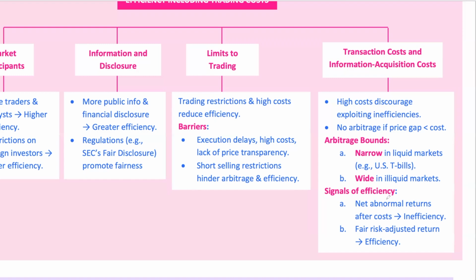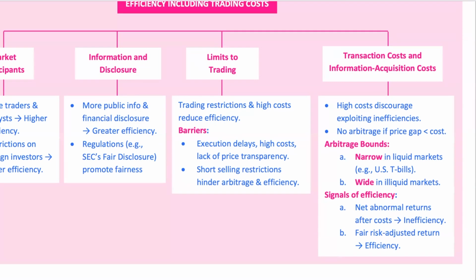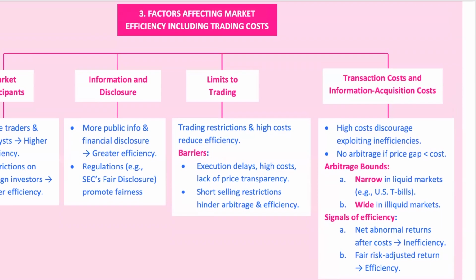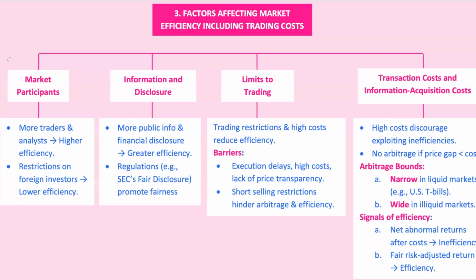If you can earn more than enough to cover those information costs, then you might say the market is less efficient. So, efficiency doesn't mean prices are perfect. It just means prices are good enough that once you account for costs, there's no easy way to game the system.